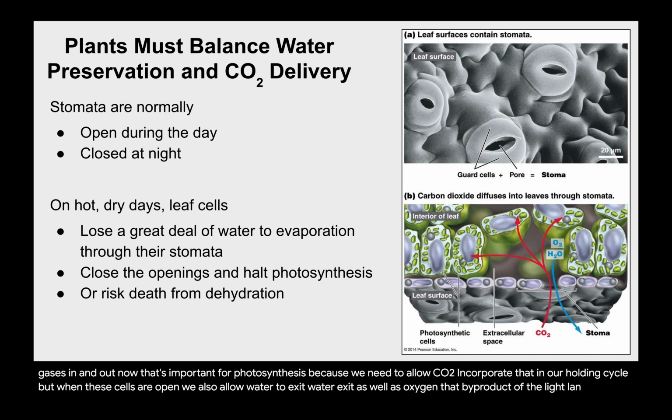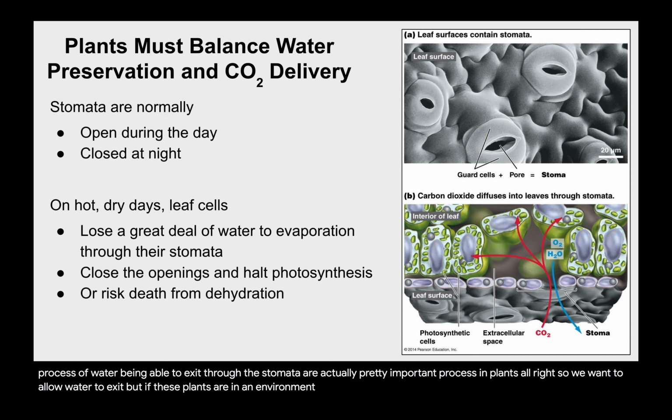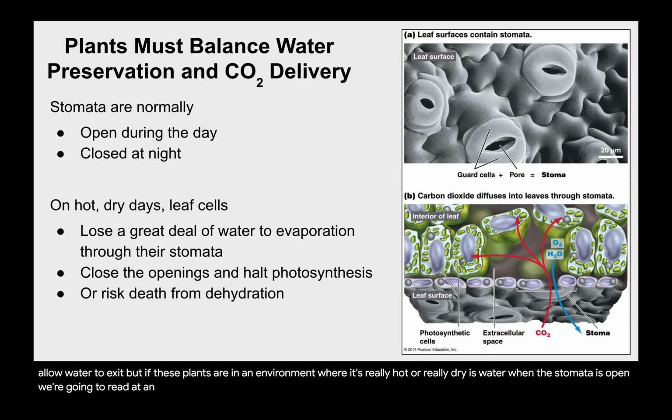Now this process of water being able to exit through the stomata is a pretty important process in plants. So we want to allow water to exit. But if these plants are in an environment where it's really hot or really dry, this water, when the stomata are open, is going to leave at an excessive rate. It's going to leave too fast.